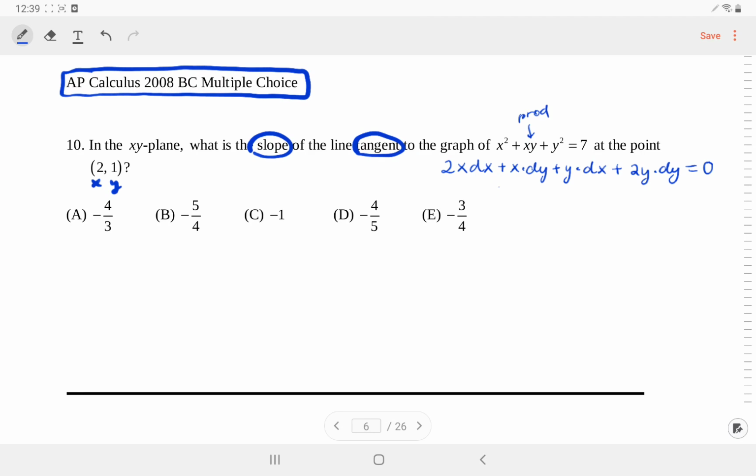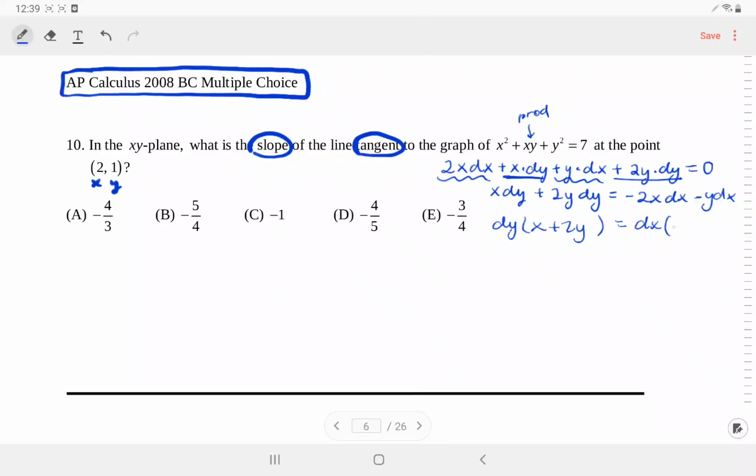Okay, so I usually like to put my dy's on the left side. So this term right here, this term right here, like my dy's on the left. I like my dx's on the right. So that would be what? Negative 2x dx, and then minus my y dx. And then dy, x plus 2y equals dx, negative 2x minus y.